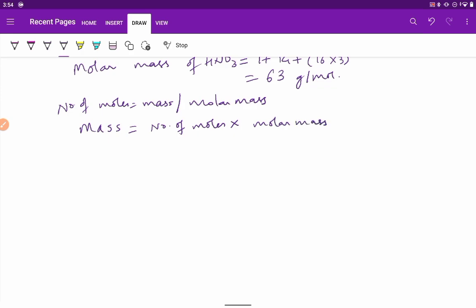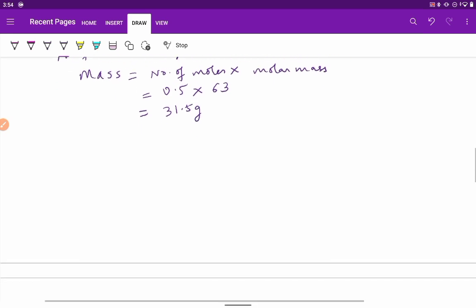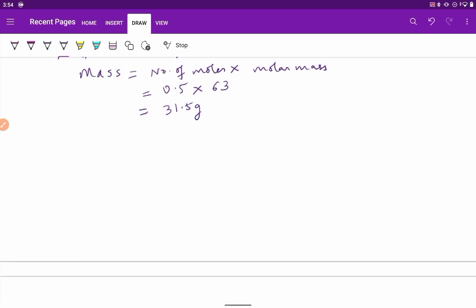That is equal to 0.5 we got earlier into 63. So if you multiply 63 into 0.5, we will get 31.5 grams. Now see, next what we should do, third and the final step.